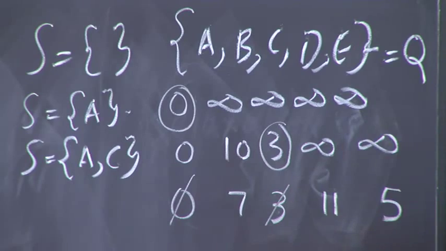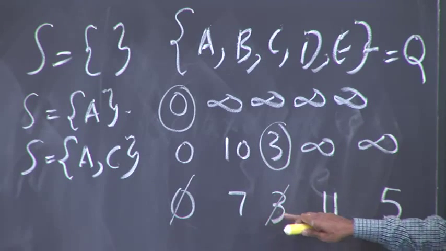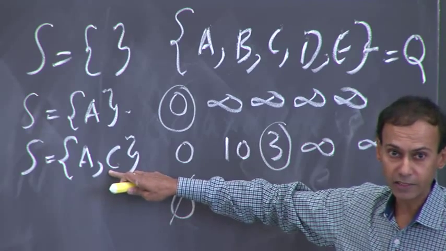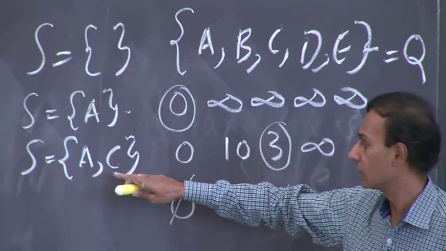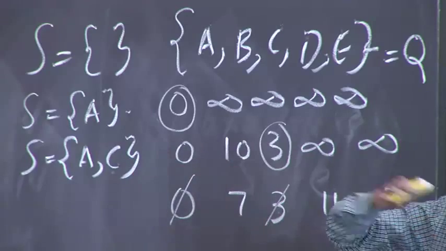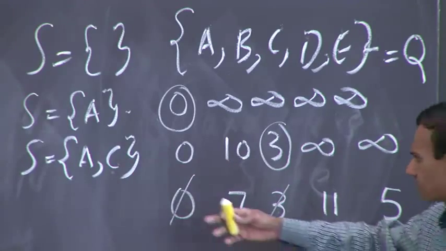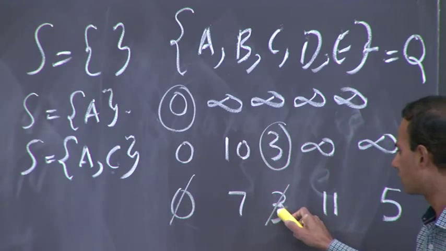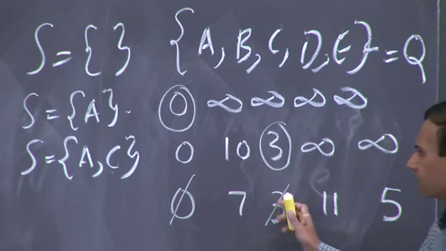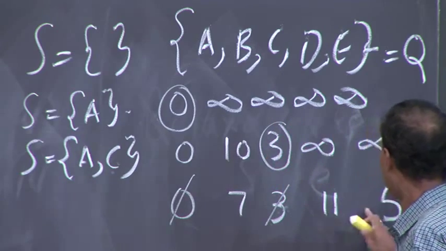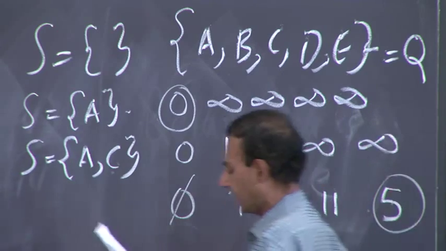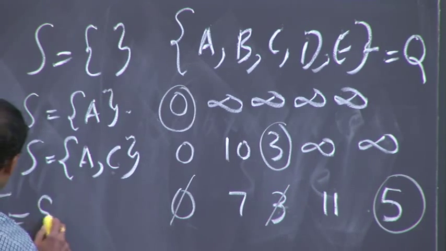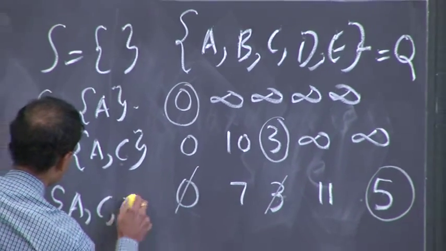I'm just writing the values here just so you know what they are, but these are out of the picture because they're in S. Those values should never change. Dijkstra essentially guarantees, and that's the proof of correctness, which takes a bit of doing, that this value is never going to reduce anymore. The 3 value is never going to reduce, and it's been put into S. But what's remaining now is 5, and that corresponds to the E vertex. So S becomes A, C, E.